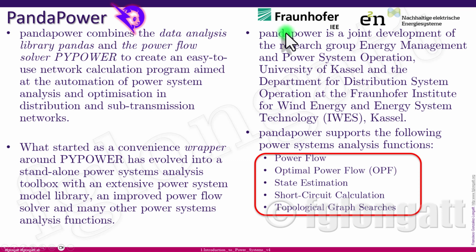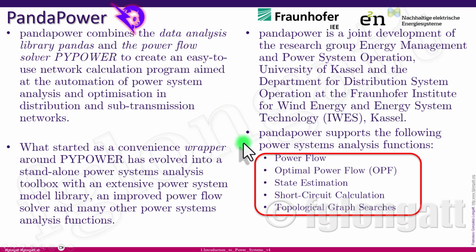PandaPower was created in Germany. Basically, it was a development by the research group in energy management and power system operation at the University of Kassel in Germany, together with the Fraunhofer Institute of Wind and Energy System.